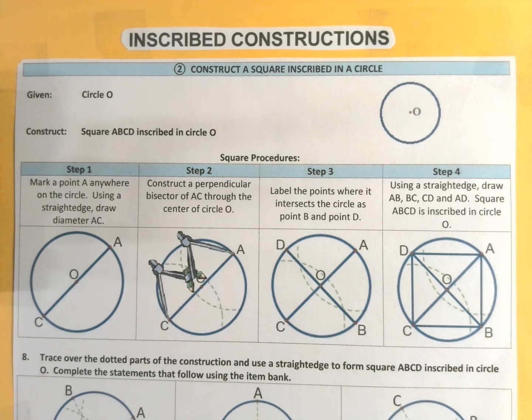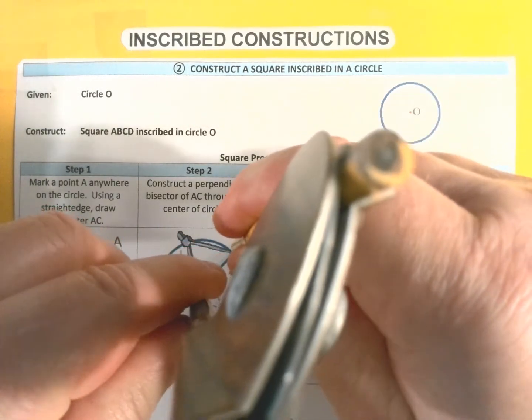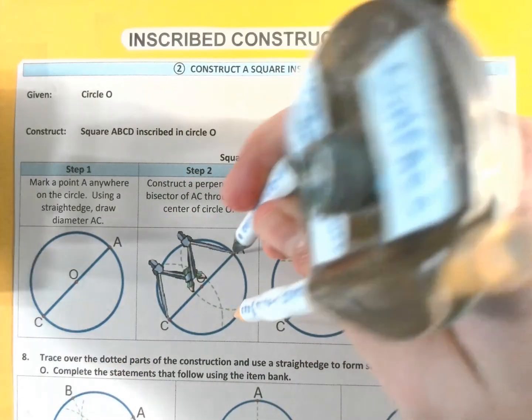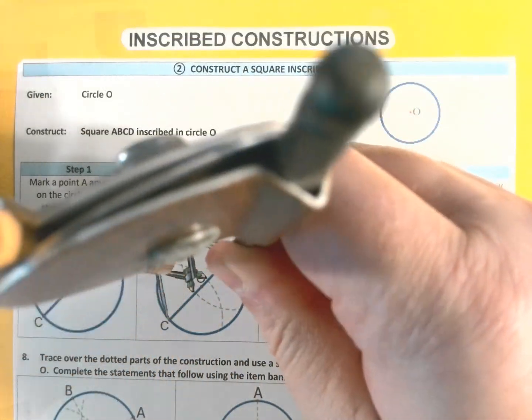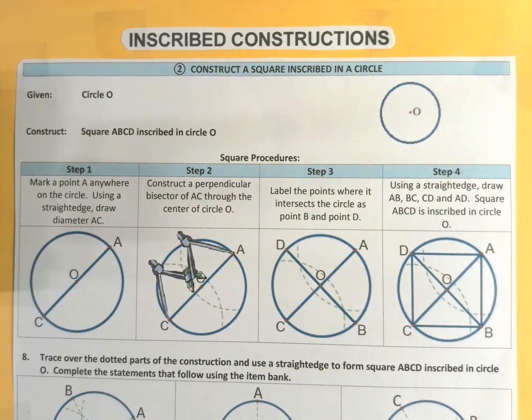Basically, what that means is we start at point A, we go more than halfway, and we draw an arc that goes past point O. And then we maintain our distance.